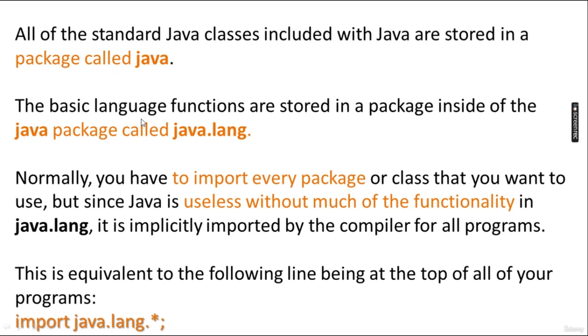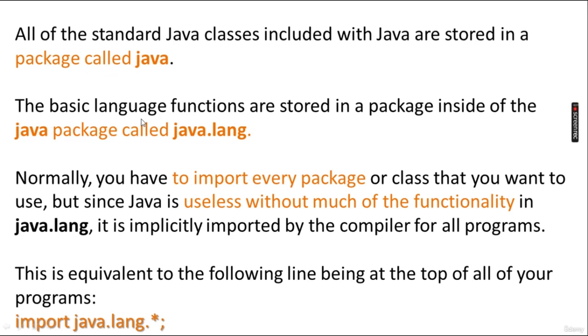Whether or not you import java.lang, it is implicitly imported by the Java compiler for all the programs you are creating. This is equivalent to the following line being at the top of all your programs: import java.lang.*.